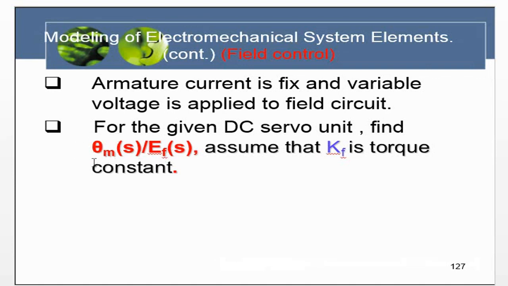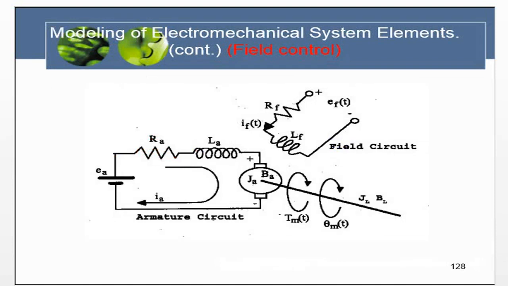It means we control the position of the load or shaft of the motor by varying the voltage of the field, where we assume that K_F is the torque constant of the effect of field. Okay, that is the equivalent circuit diagram. This is the armature. We give the constant input voltage, and then E_F, this we vary in order to get the position here.